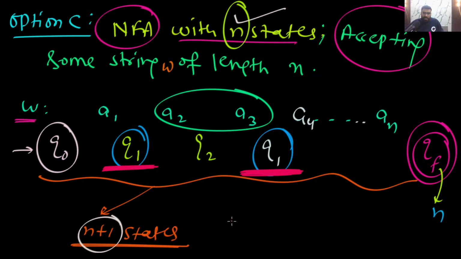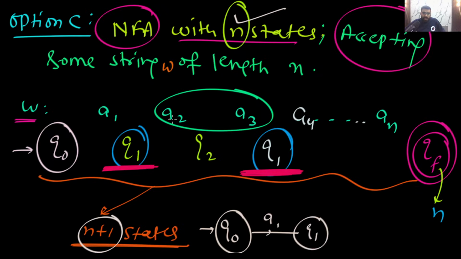Because this Q1 is repeating, it's like there is a loop. Please understand, there is a loop. From Q0, you are going to Q1. Now on Q1, there is a loop on A2 to A3.